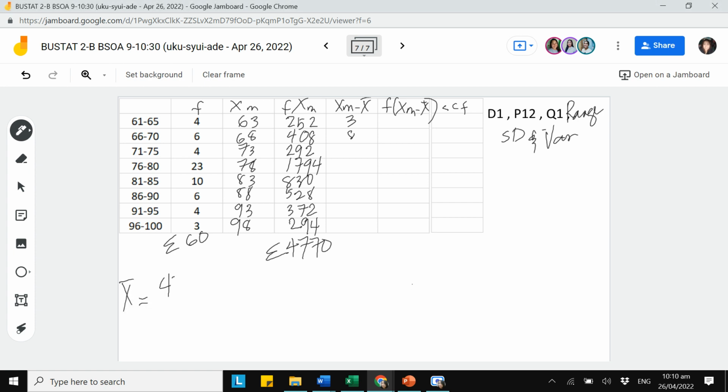So, 4,770 divided by 60. That is a total of, wait lang. Yung calculator ko naman nawala. 79.5. Okay.